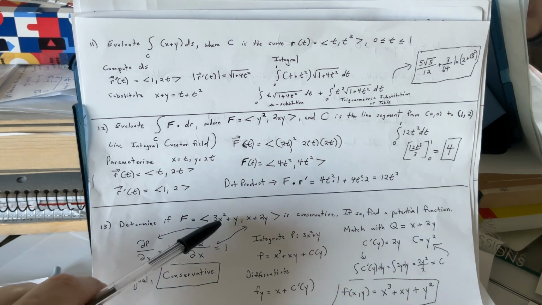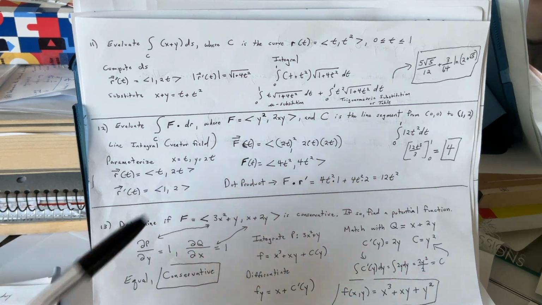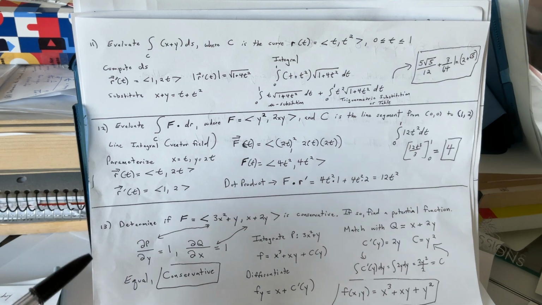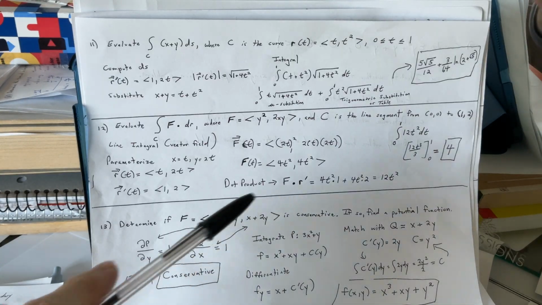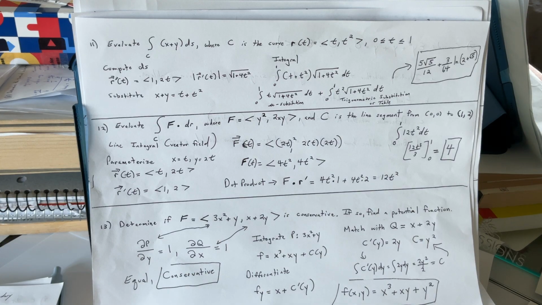Here's P, here's Q. Your P component, take the partial derivative with respect to y, we get a 1. Your Q component, take the partial with respect to x, we just get a 1. If those partial derivatives match, we can declare this vector field conservative.